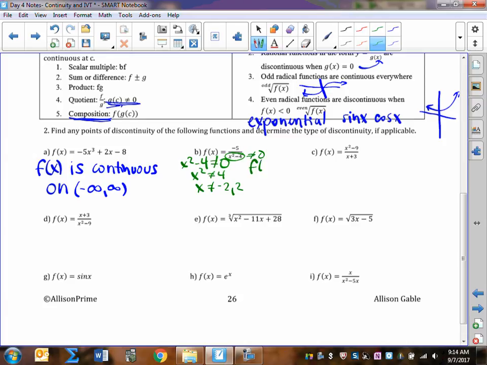So these are both infinite discontinuities, at x equals 2 and x equals -2. Could we have both an infinite and a hole at different points? Yeah, at different points, not at the same point though.